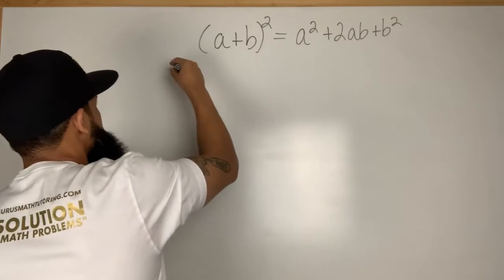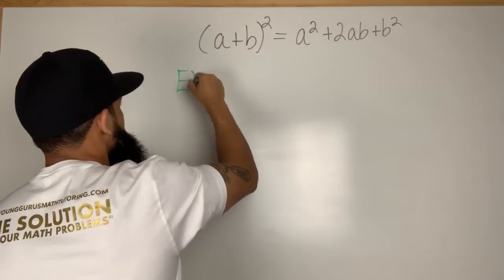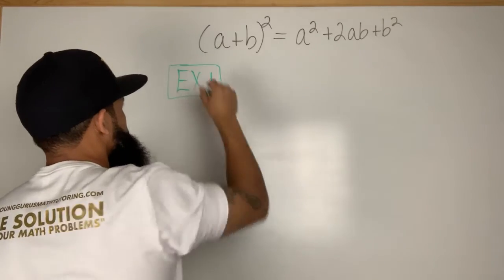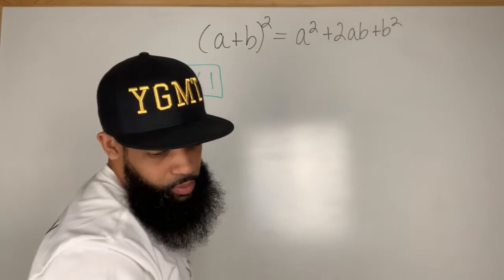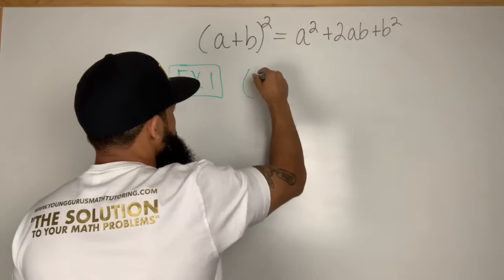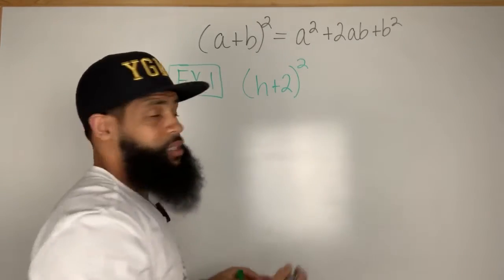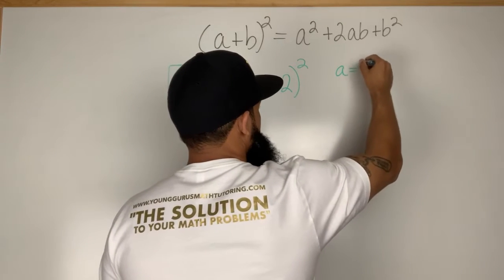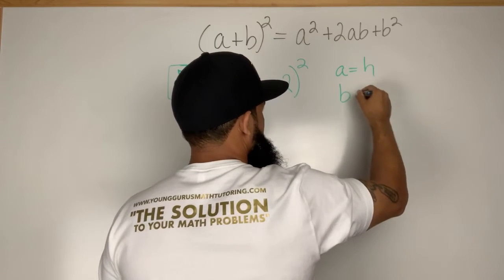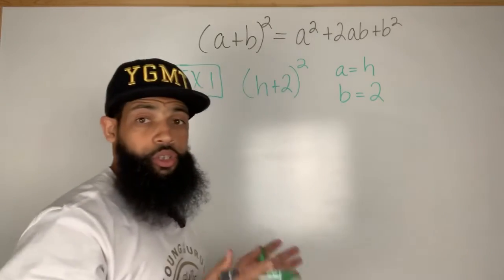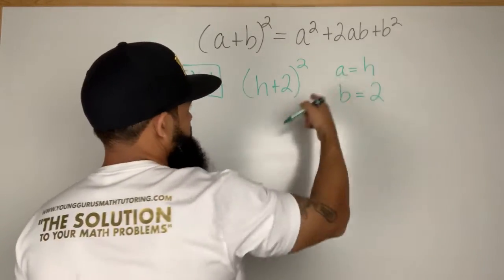Example 1. I have h plus 2 to the second power. So in this case, a is actually h and b is actually 2. I'm going to just follow the rule.